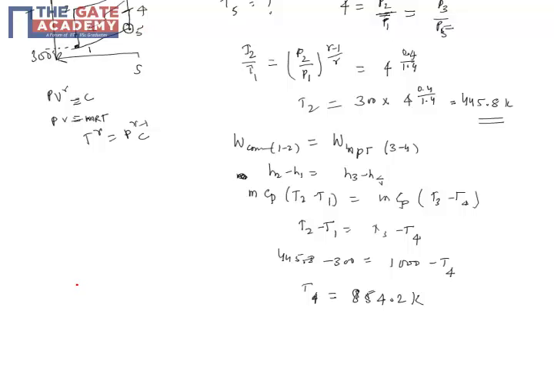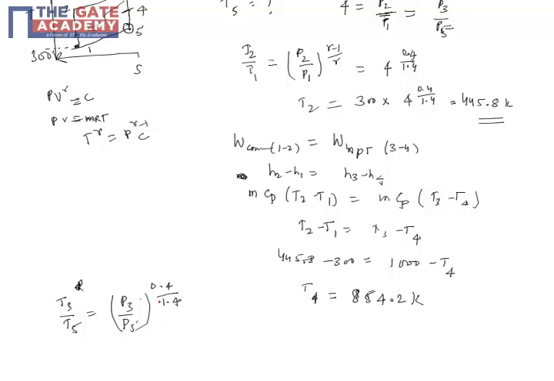So between 3 and 5 we can apply the same equation: T3 by T5 equals (P3 by P5) whole power (gamma minus 1) by gamma, that is 0.4 by 1.4. So this you can apply, but the thing is that we don't know P3 by P5.